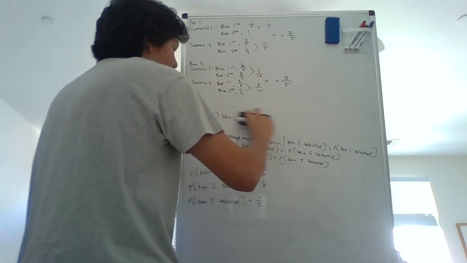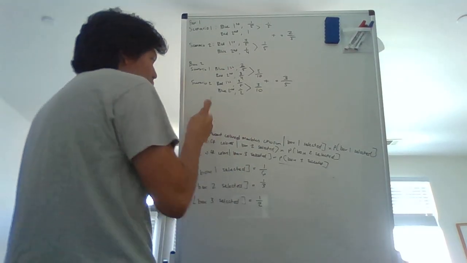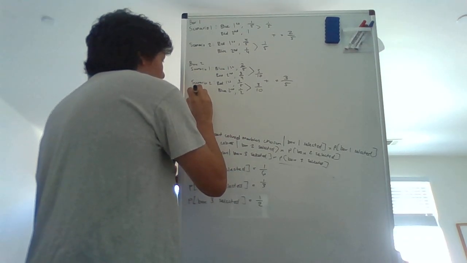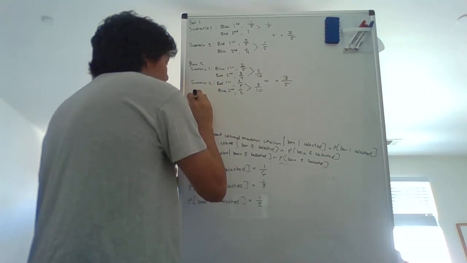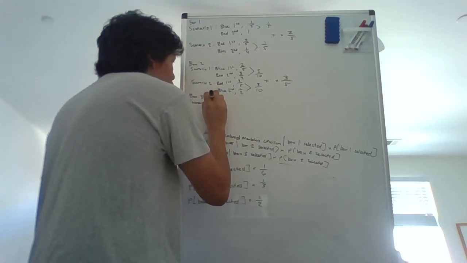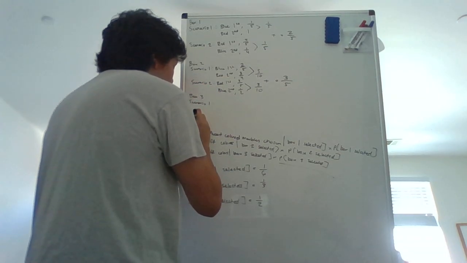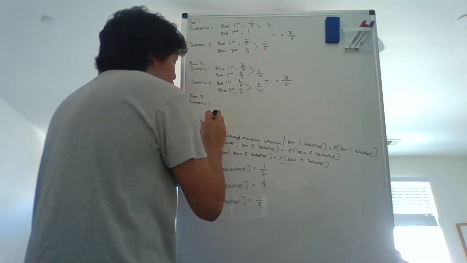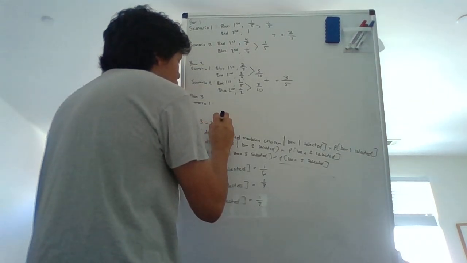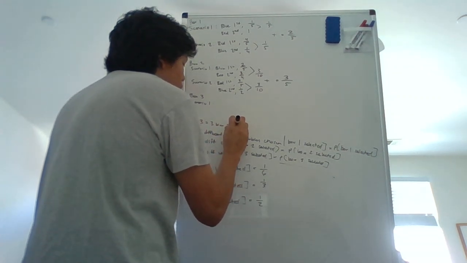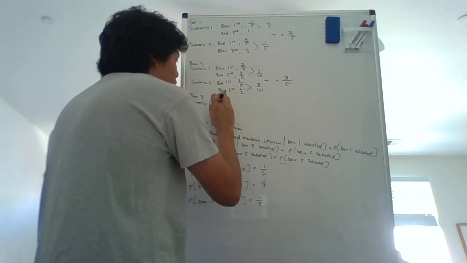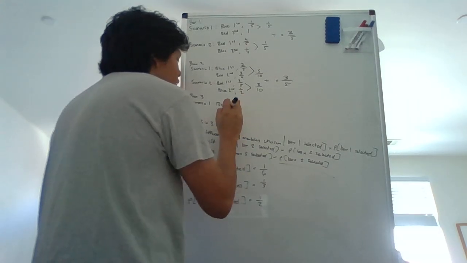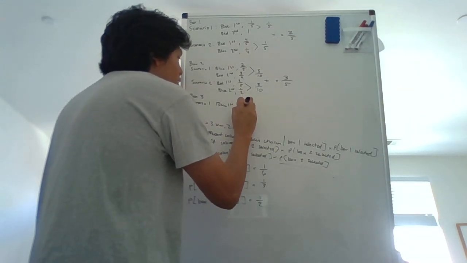Okay, so box 3. Scenario 1. So box 3 has 3 blue and 2 red. Okay, so in scenario 1 of box 3, if we pull the blue one out first, that is a 3 in 5 chance happening.